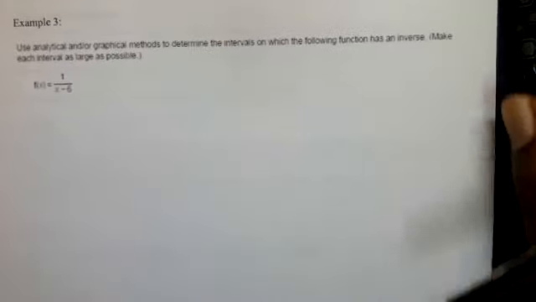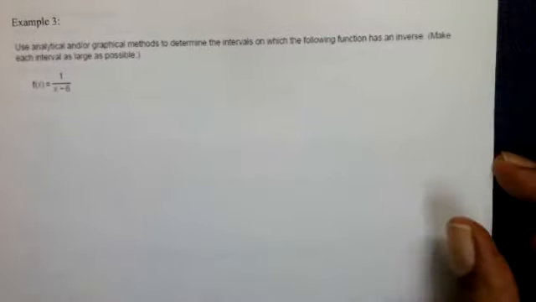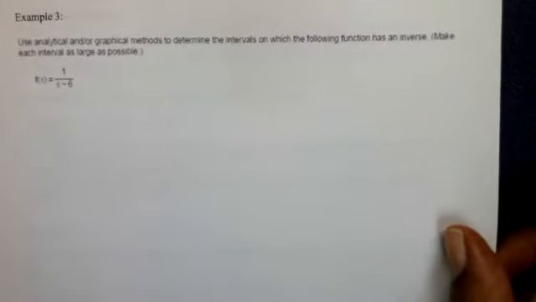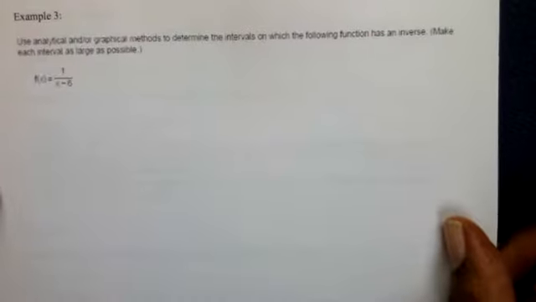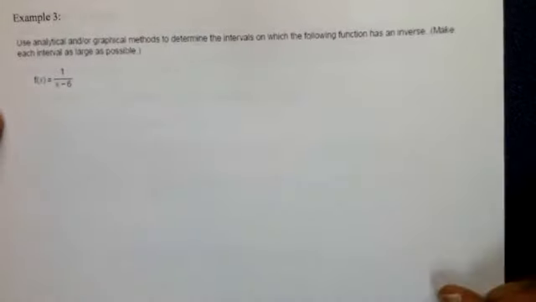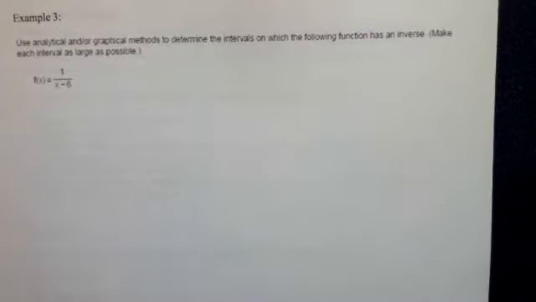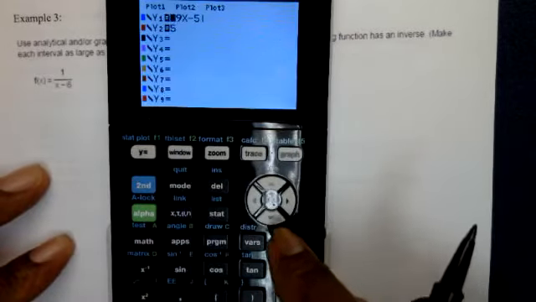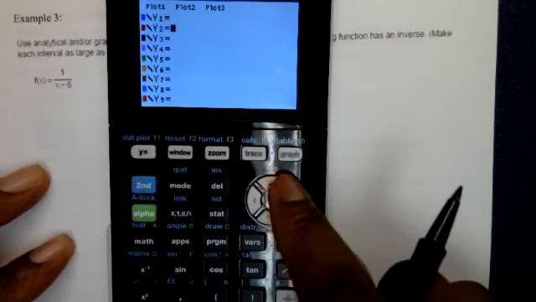Now let's say we have a rational function, and we want to determine the intervals on which the following function has an inverse. Here we've got f of x equals 1 over x minus 6. So here, let me clear both of these equations out.